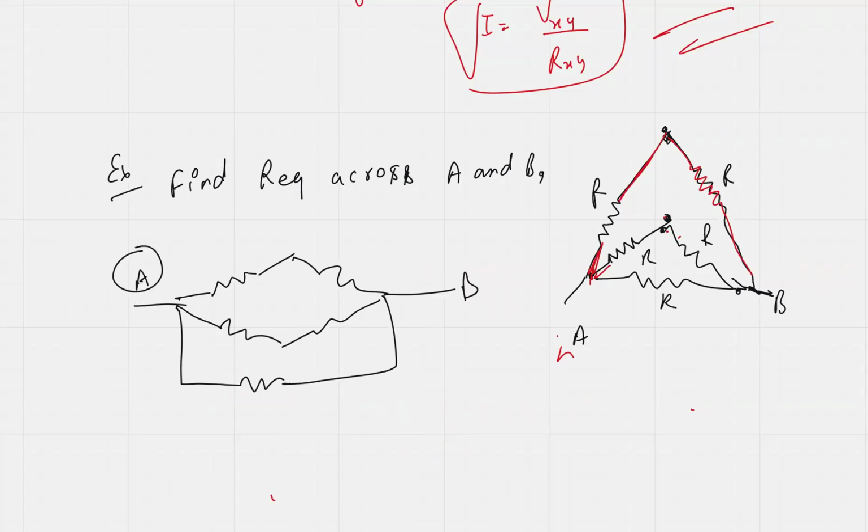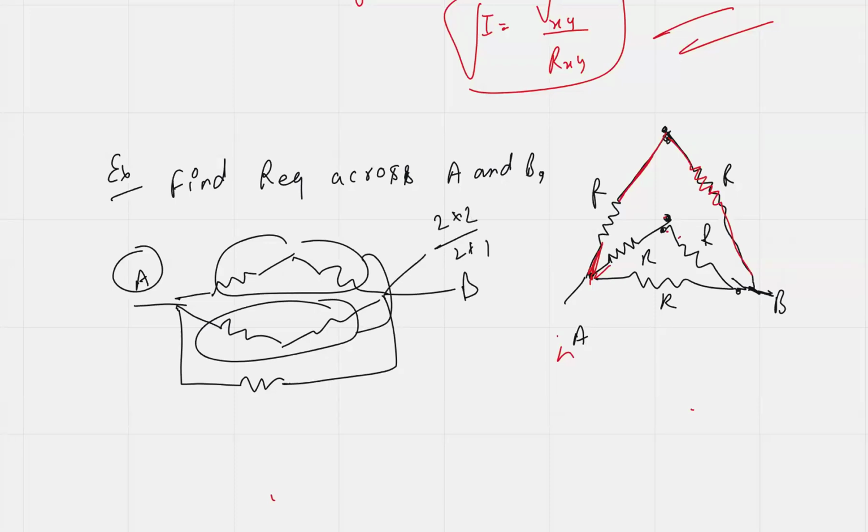This is 2, this is 2. The parallel, 2 into 2 divided by 2 plus 2, comes out as 2 itself, maybe. I think, is it 2? Yeah, no, it is 1. So basically R, because the resistance value was 2R, so it became R itself. So finally, the whole thing comes out as R itself.